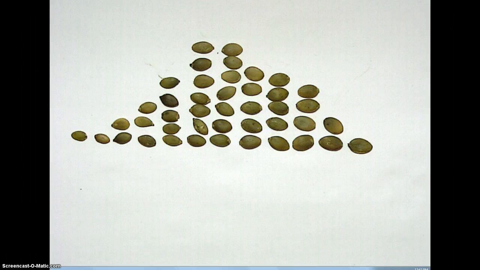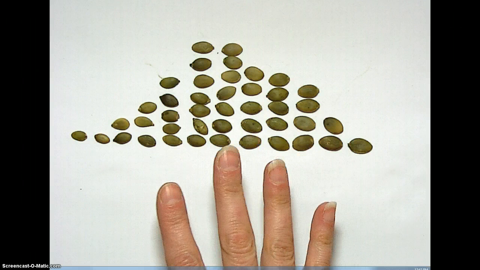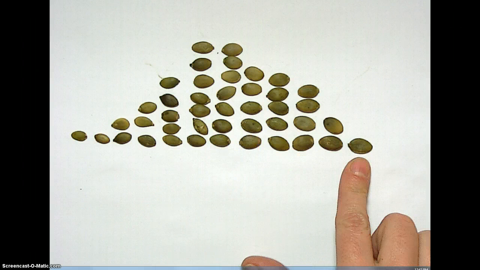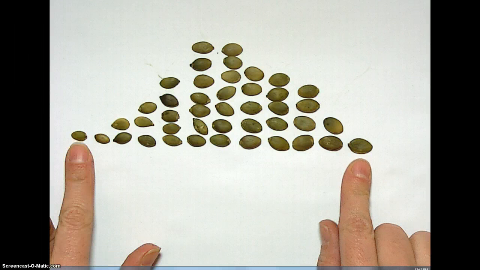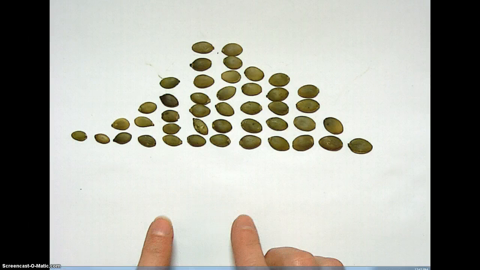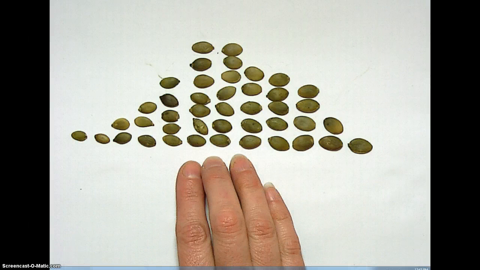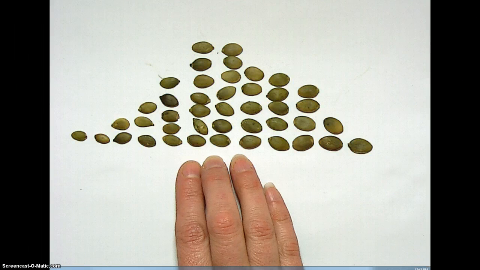Okay, so Amy and I finished organizing our pumpkin seeds here by size. Big guys over here, little guys over here, and all the guys in between. So what would you call these guys? Middle?